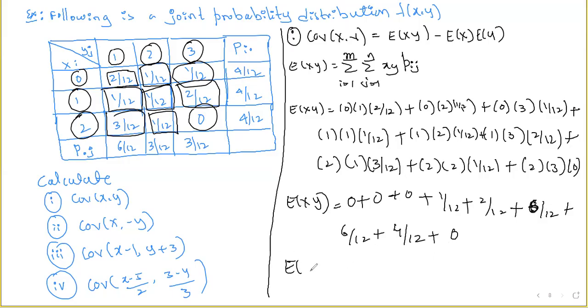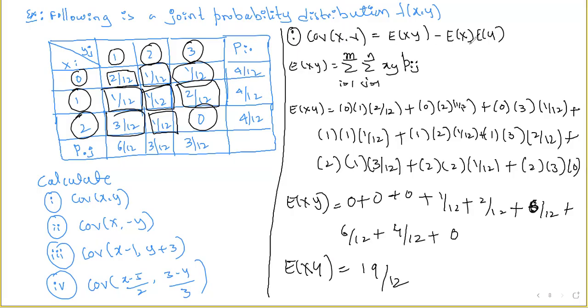Okay, now expected value of xy equals 0 plus 1 by 12 plus 2 by 12, that is 3 by 12, plus 6 by 12, 9 by 12. Again 6, that is 15 by 12. Then 4 by 12, total 19 by 12. So we have found expected value of xy.